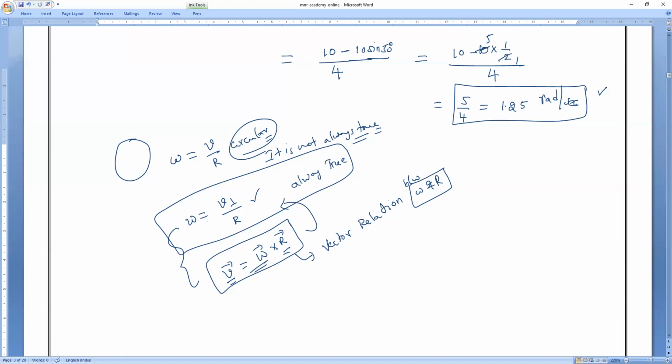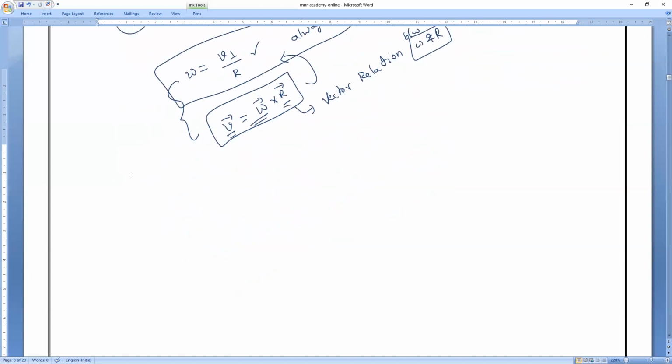Yes, sir. Now let us see the relation between angular velocity and frequency. What is our next target, everybody? Relation between angular velocity and frequency. What is the symbol of angular velocity, everybody? Omega. Frequency, we all know from class 9th. Go back to class 9th and tell me what do you mean by frequency, everybody?